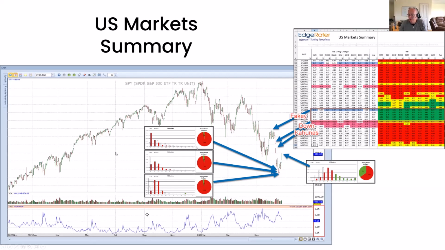Also, if you look at the %B buckets, so this is the S&P 1500, and it is a breadth indicator of how many stocks are above and below the mid Bollinger Band in the S&P 1500. And then there's a histogram over here, which puts the stocks into various buckets.